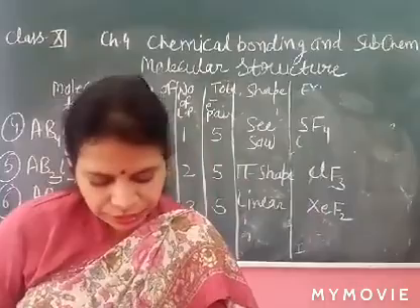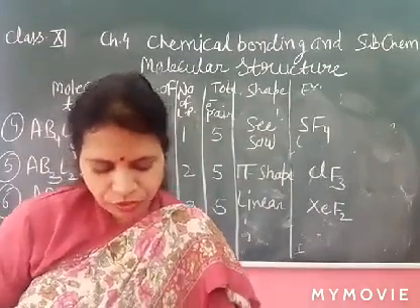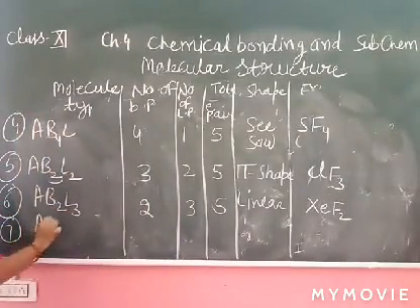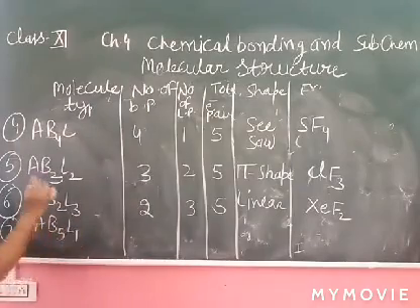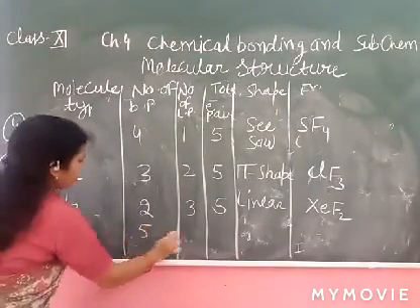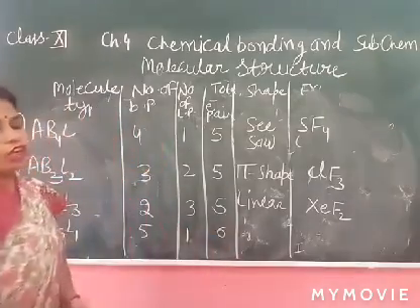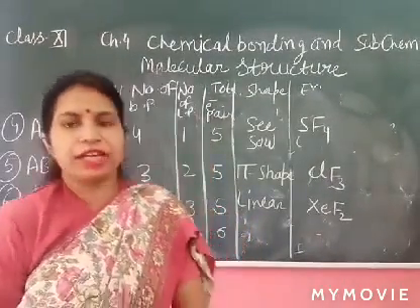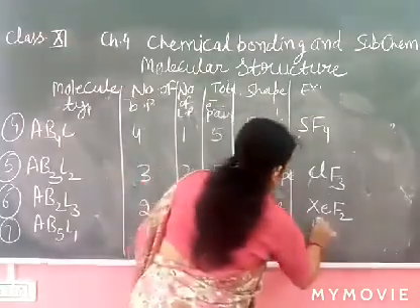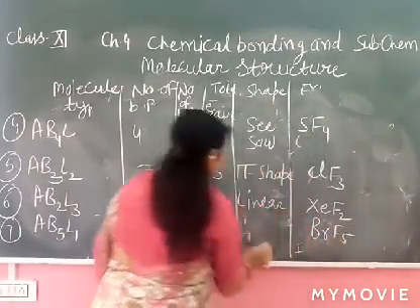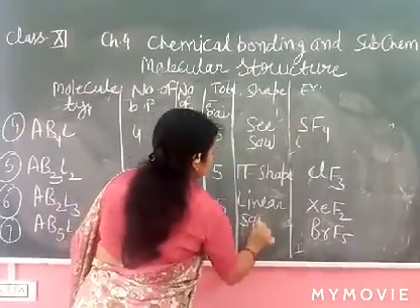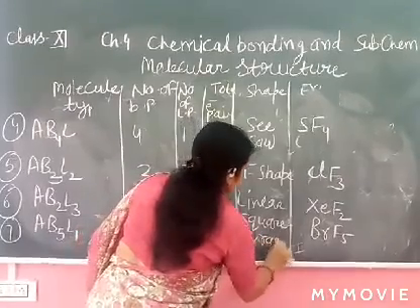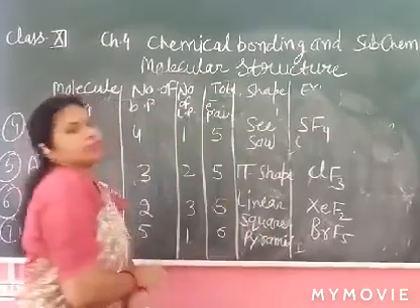Now next is AB5L. Bond pairs 5 and 1 lone pair make 6. Lone pair bond pair repulsion again. The structure becomes distorted, square pyramidal. BrF5 is the example.